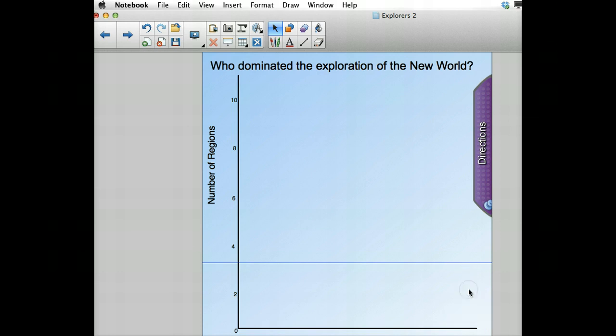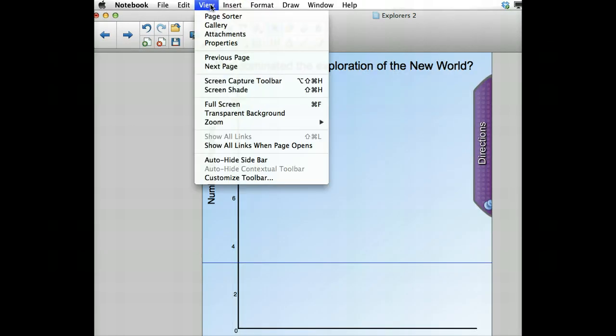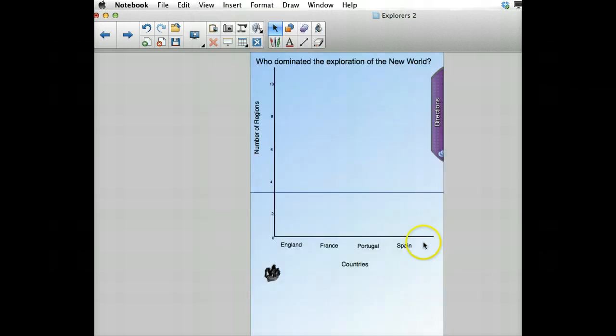The number of, let's change the view, and then you can see, there we go. They have the ships at the bottom, and if they look at the chart, they can see that England had 2 discoveries, so they would graph 2 ships.